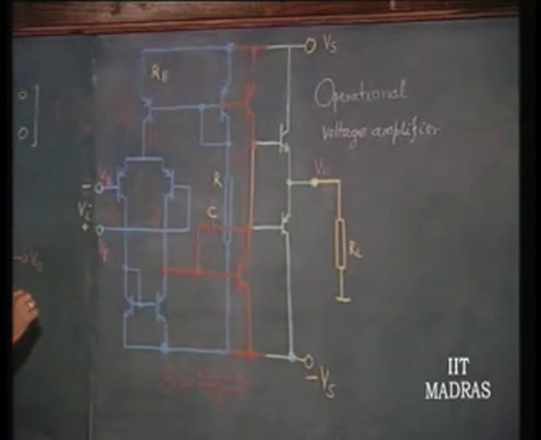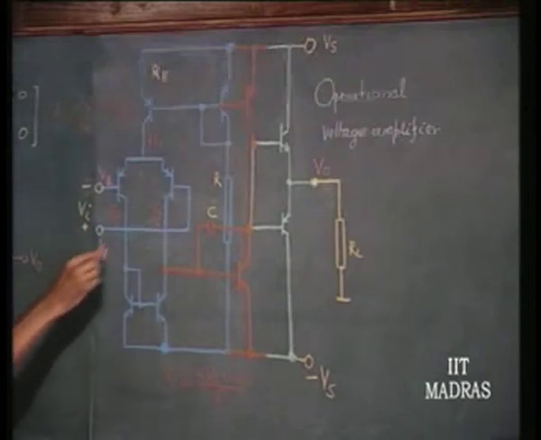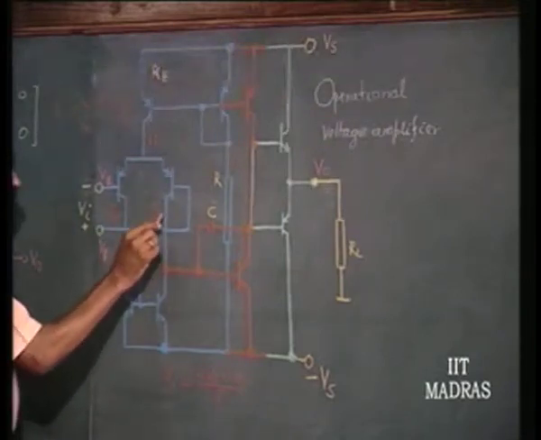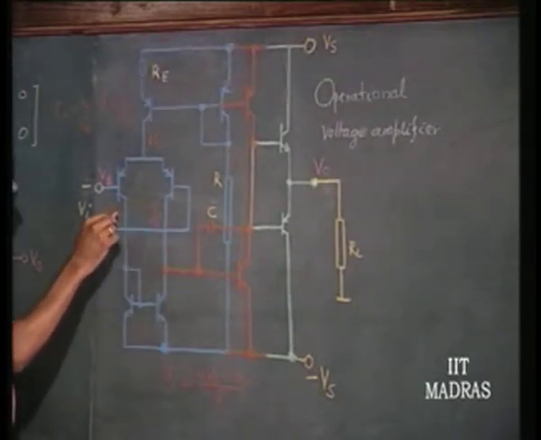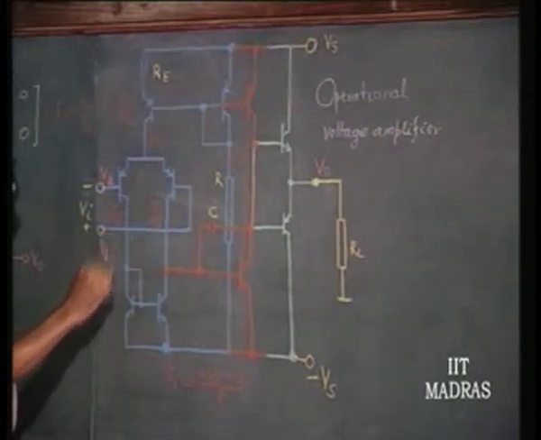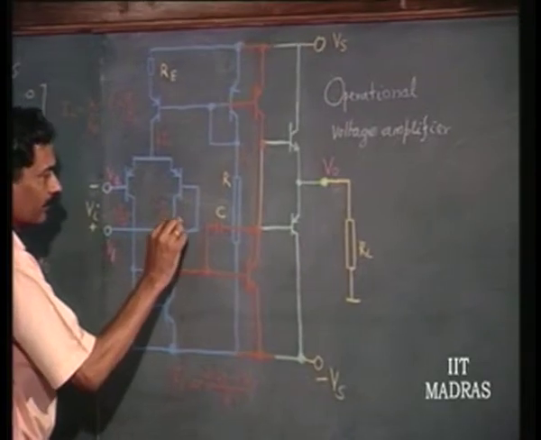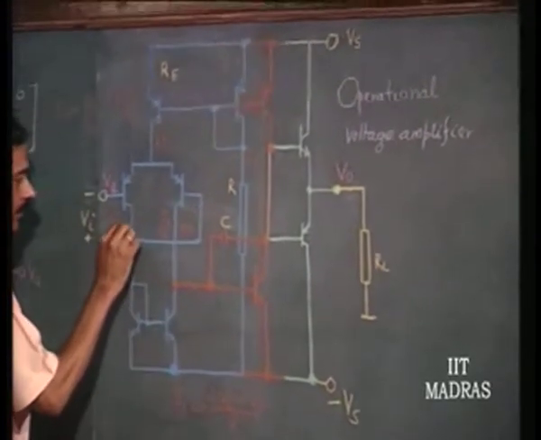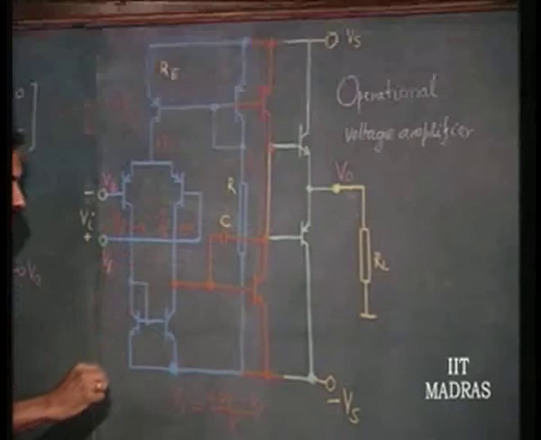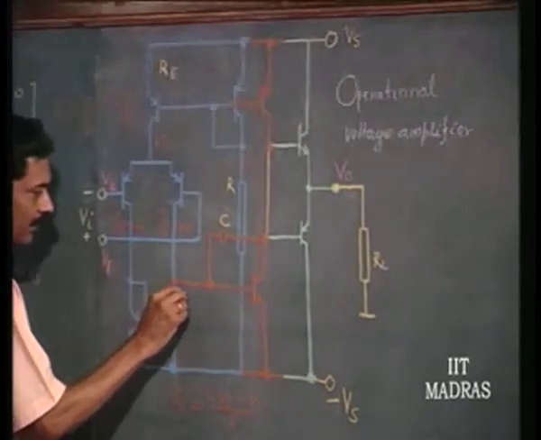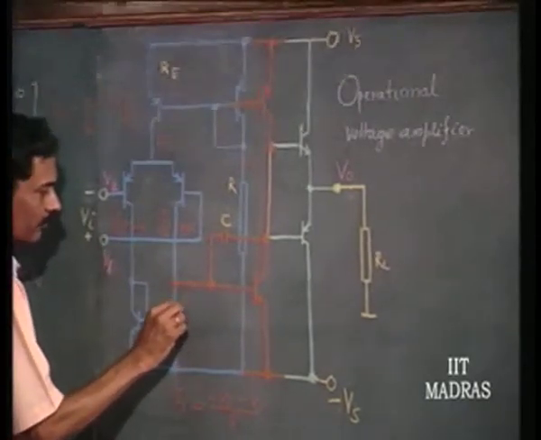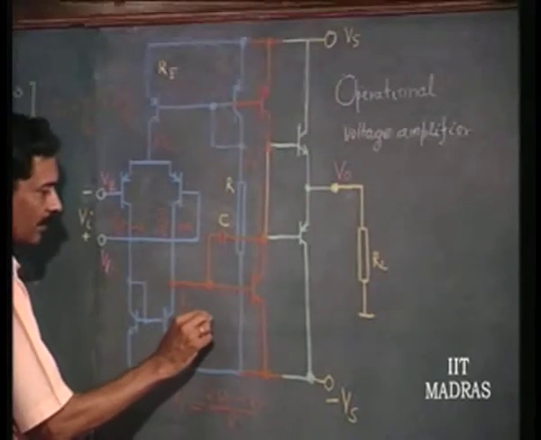If this current is increasing by some amount, this will decrease by the same amount. So, if we have this as plus delta I, this will be minus delta I, and we will have this as I2 by 2 minus delta I.